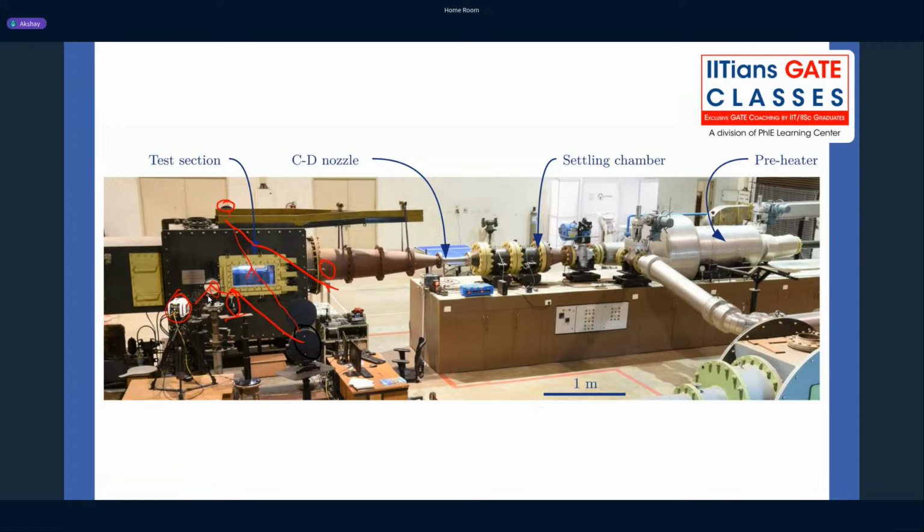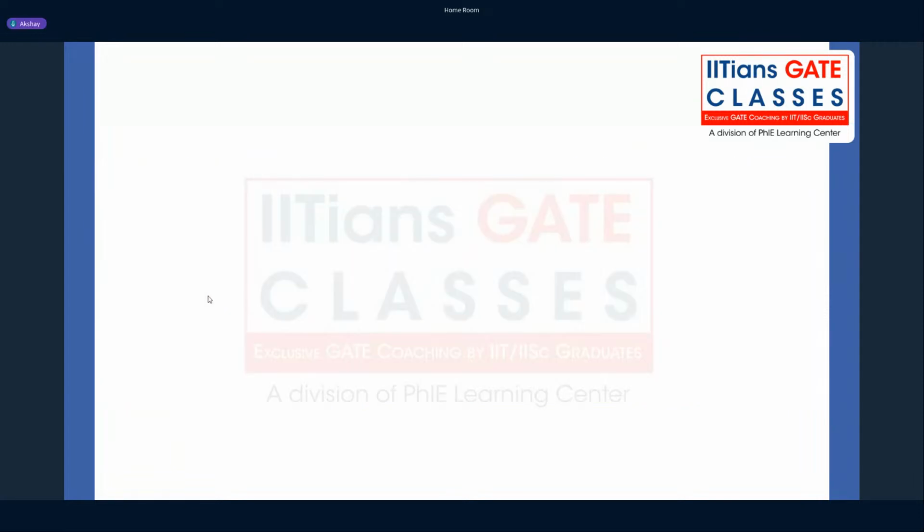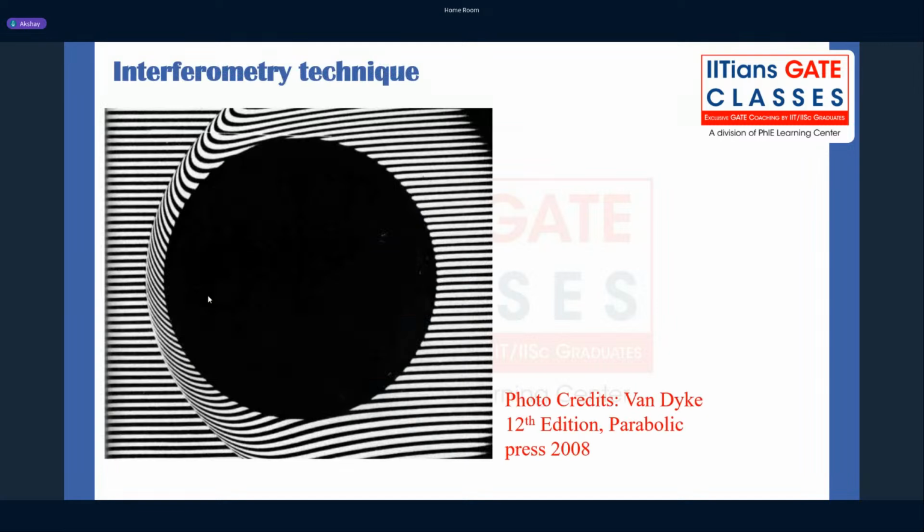It's almost time, so I have to give one more thing, that is interferometry. As I said earlier, interferometry techniques work based on the sensitivity to density itself.